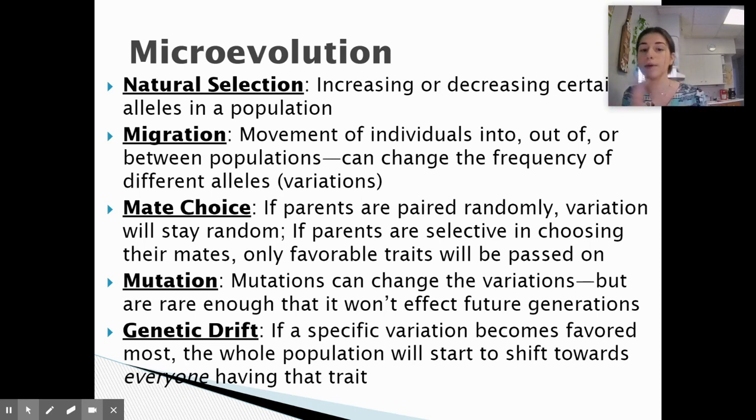Eventually, the whole population started to shift towards that trait of long necks. So eventually, all giraffes, as we know today, have long necks. Because that was a specific variation and it was favorable, future generations started getting that trait, and it became very popular in the population.